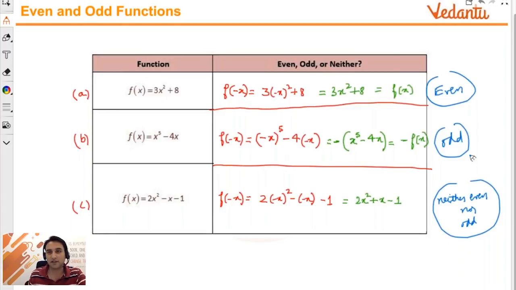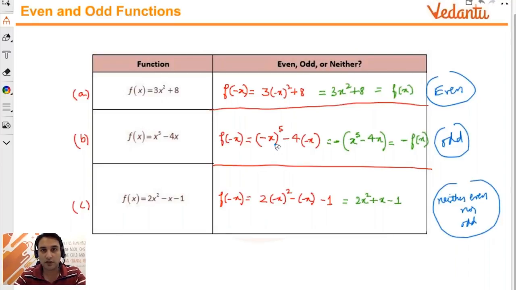It is something else. So it is neither even nor odd. Okay? Got it? Nayantra, did you understand? This is neither even nor odd, because it is neither f x nor minus f x. Got it? Nayantra, you wrote C is odd, right? I hope you understood. Cool.